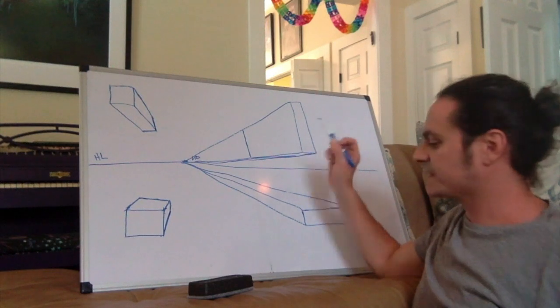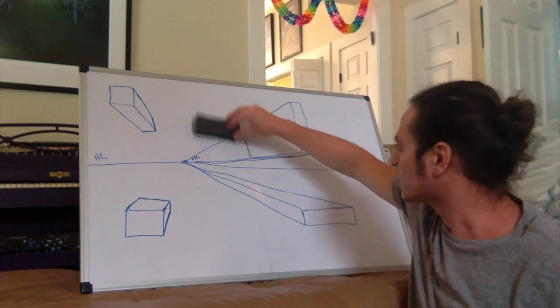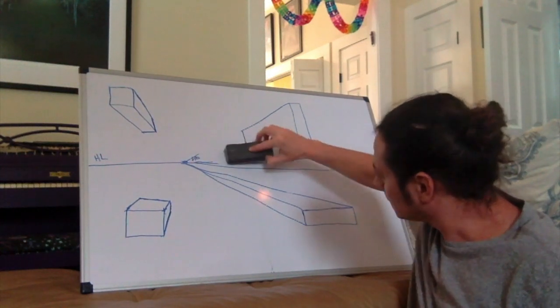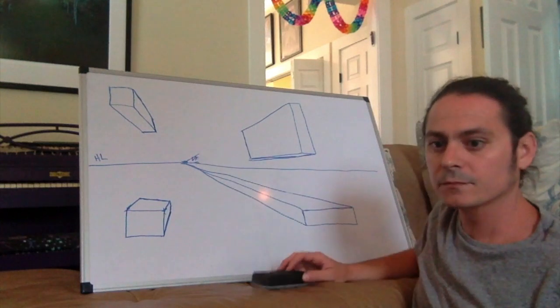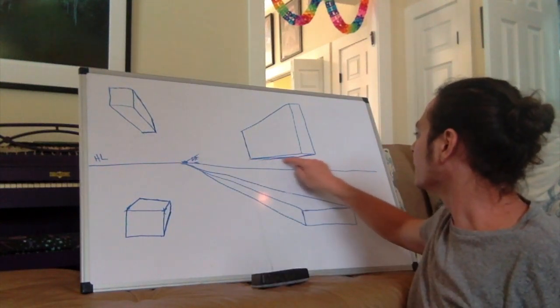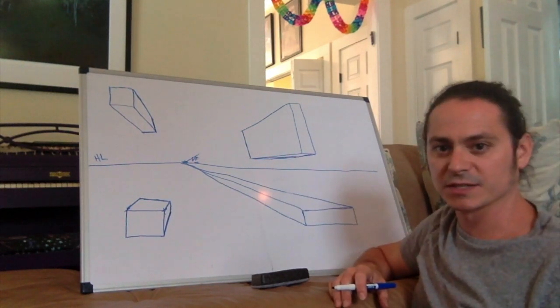So it's an interesting perspective. So I'm going to erase our guidelines just like that and clean up our box a little bit. And now we have, though not the prettiest, a three-dimensional box here as well.